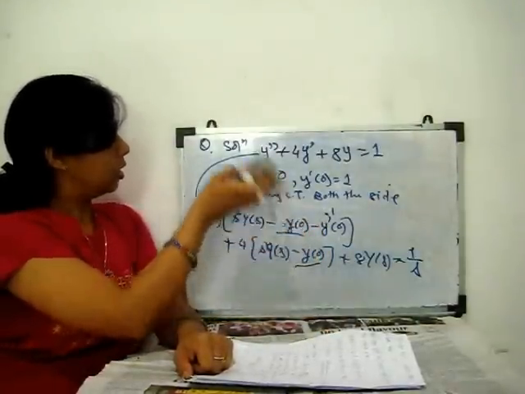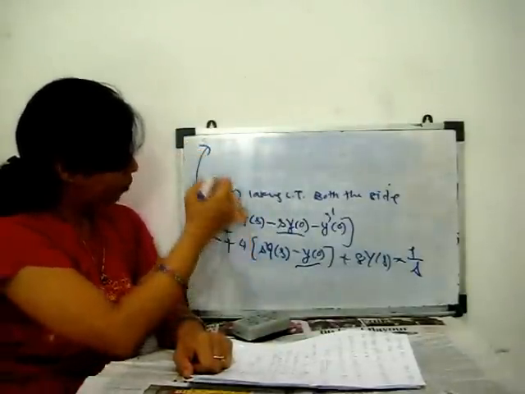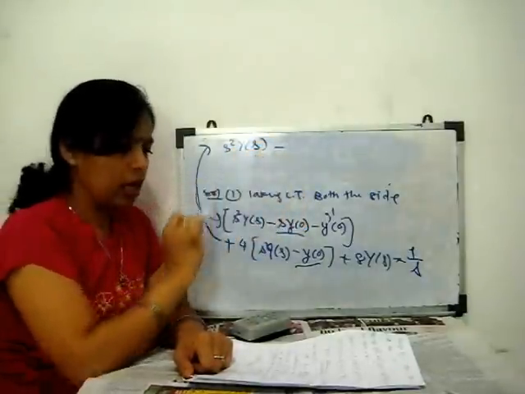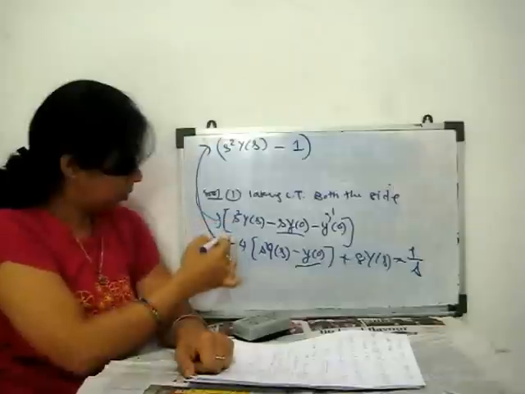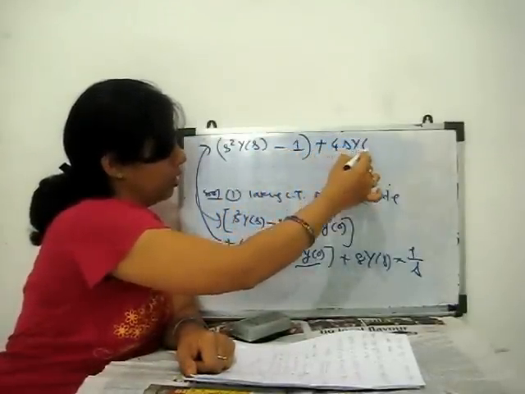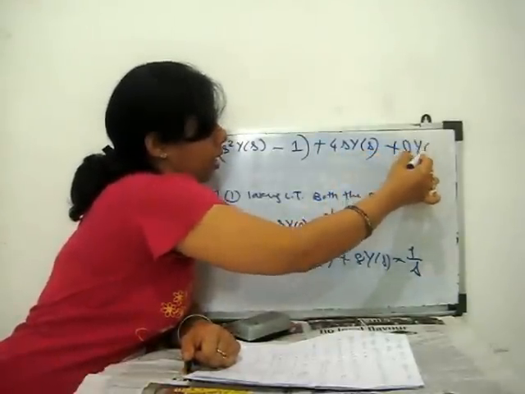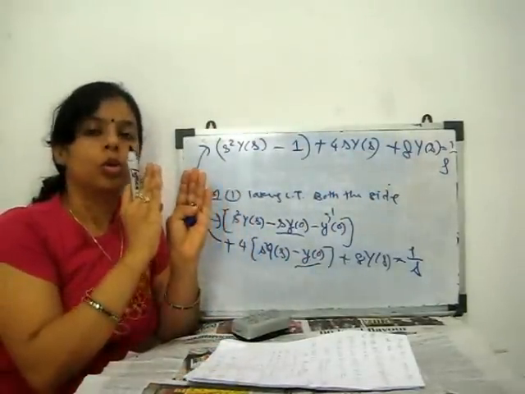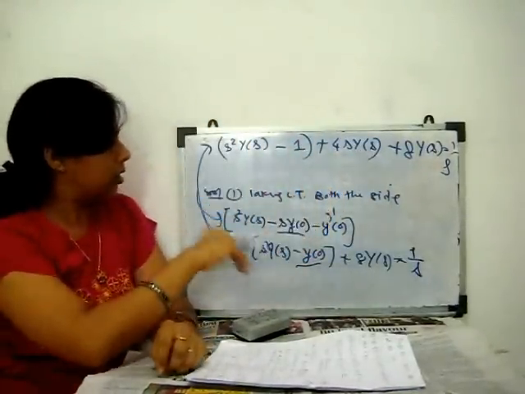So what is remaining? s square Y(s) minus 1, plus 4s Y(s) plus 8Y(s) equal to 1 by s. Now separating the terms, Y(s) on one side, s and constant on the other side.